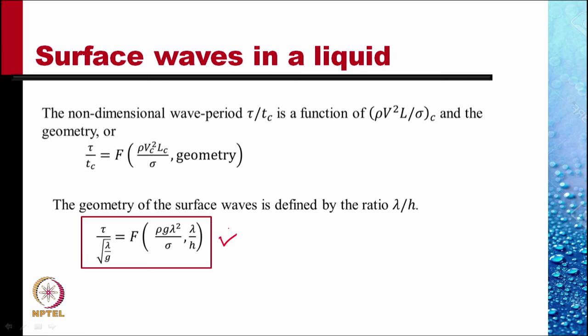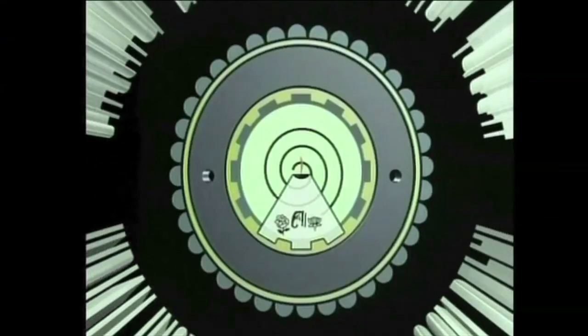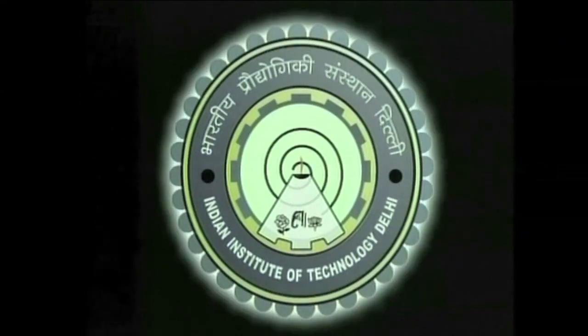For deep sea waves, when h is very large, lambda by h is neglected. So the time period of the waves simply depends upon rho g lambda squared by sigma, which is 1 over Weber number.